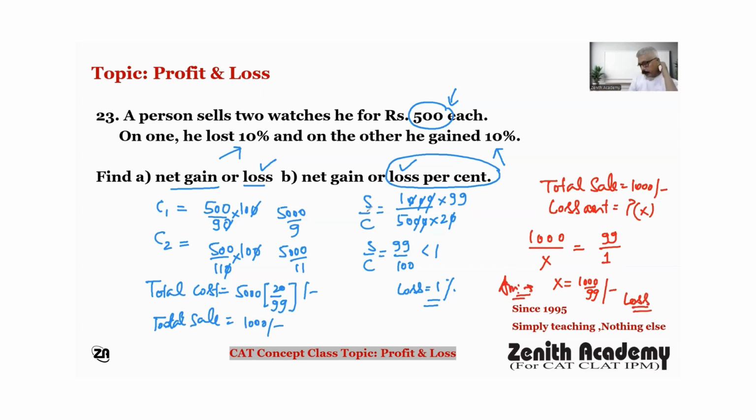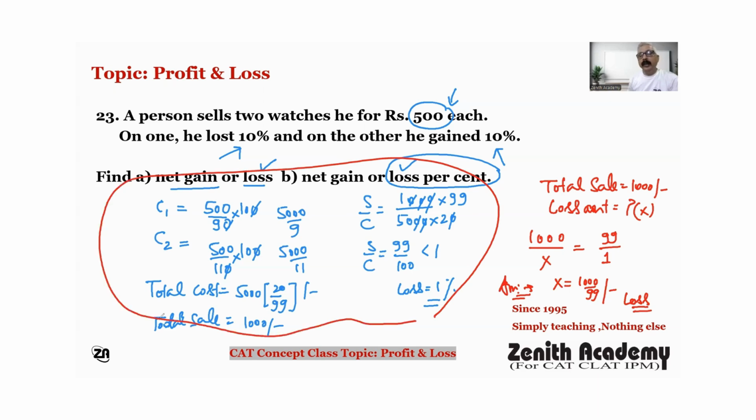So remember it, if the cost price is same, and if one product is producing you loss and another is producing profit and the magnitude is same, then there is no loss, no profit. But if selling price is same, then the resultant will always be a loss. Okay, this loss amount you have calculated. For further questions you can do it directly.